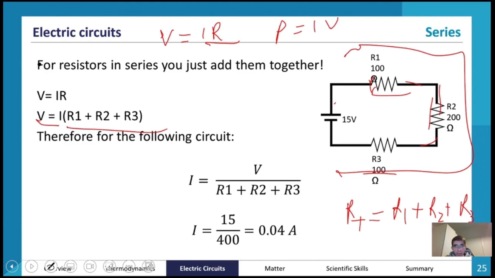In a parallel circuit, the reciprocal of the total resistance would be equal to 1 on the first resistor plus 1 on the second resistor plus 1 on the third resistor. So these are the two equations that we use to determine the total resistance of a series or parallel circuit.